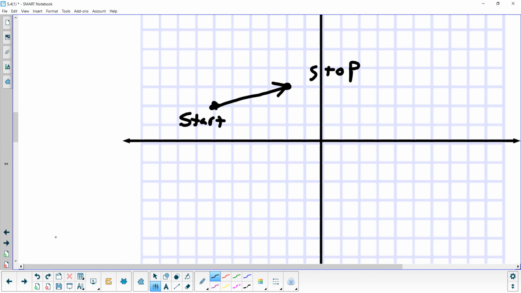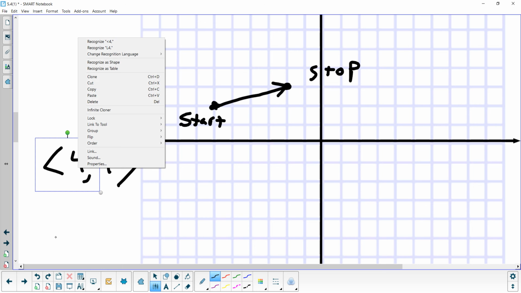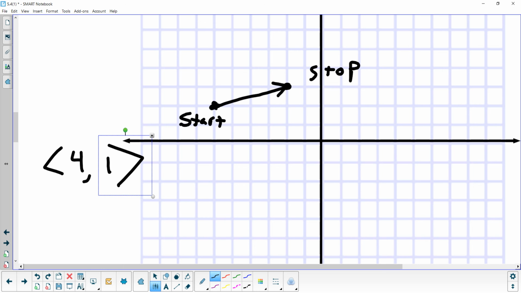Yep. 4. So you traveled horizontally a distance of 4, and vertically a distance of 1. So we would call that the vector 4, 1. This describes the horizontal movement. This describes the vertical movement.